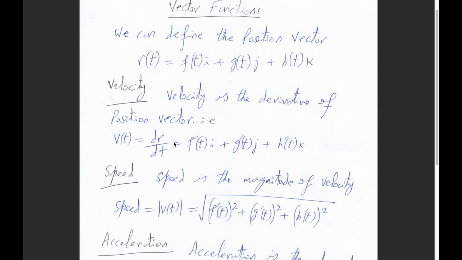So we will take the derivative of each component individually: the derivative of f(t), of g(t), and of h(t). So your velocity will become f prime(t) i plus g prime(t) j plus h prime(t) k.